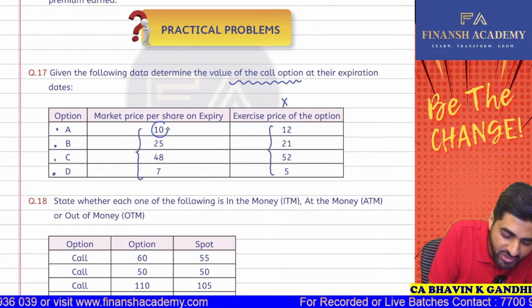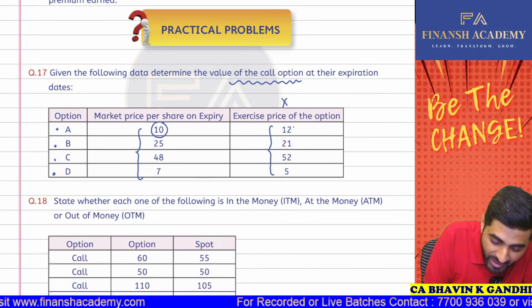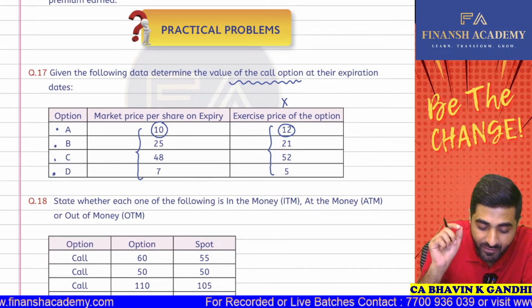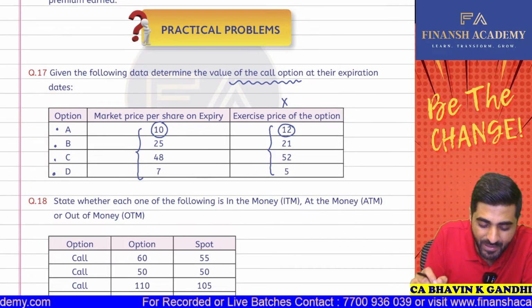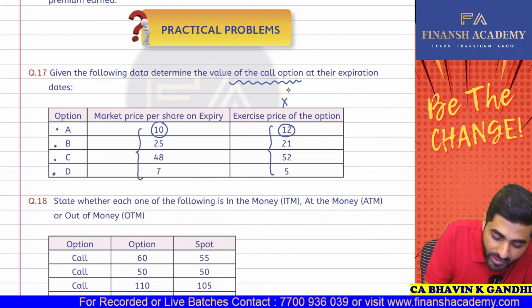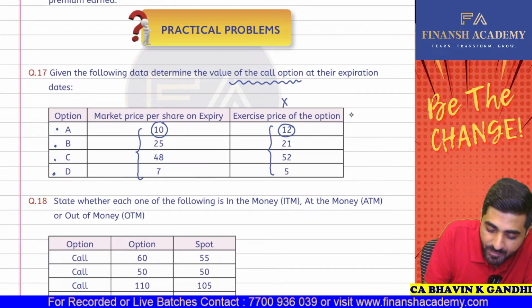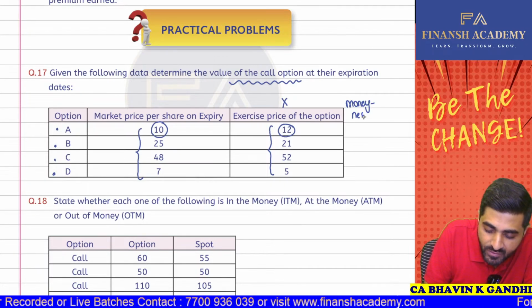What is the market price per share? 10 rupees. What is the strike price? The strike price is 12 rupees. So I have a right to buy at 12 rupees, and the market price per share is 10 rupees. When we are talking about call option, these are the strike price. First, what do you think will be the moneyness?